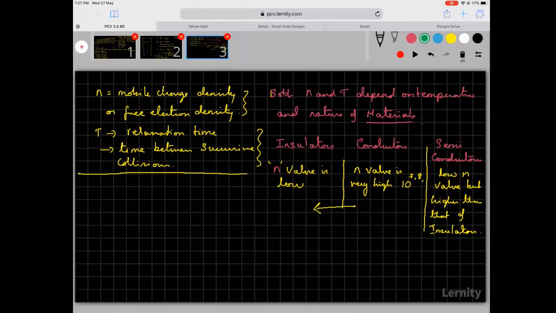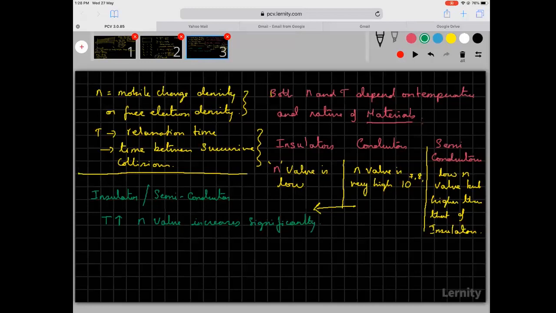So, if I take an insulator or semiconductor, and temperature increases, the N value increases significantly.